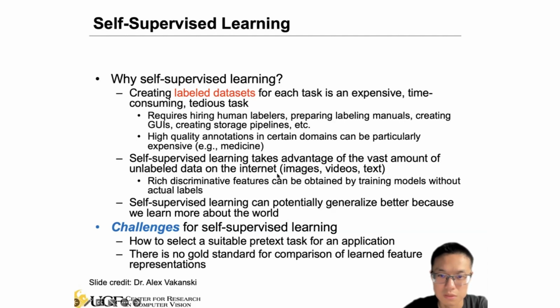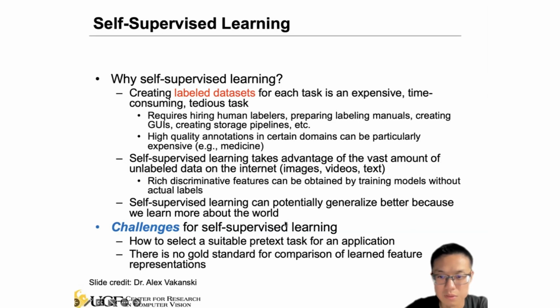Social media platforms especially give us the opportunity to collect an infinite amount of data. These rich discriminant features can be obtained by training models without actual labels, through this big data.